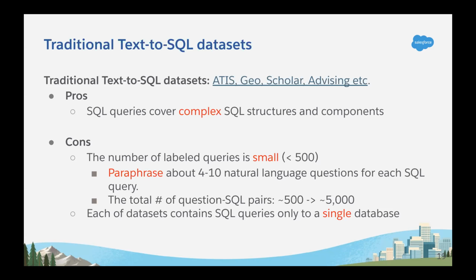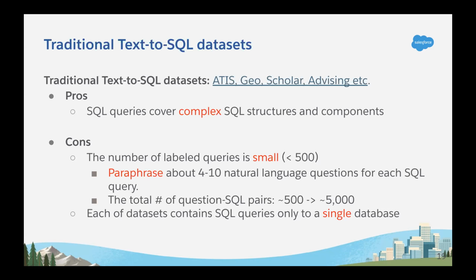And second, because all those datasets only have a single database, the model you trained or designed for the dataset cannot generalize to unseen databases. That is not useful now, because as I mentioned, there are billions of tables and databases out there.